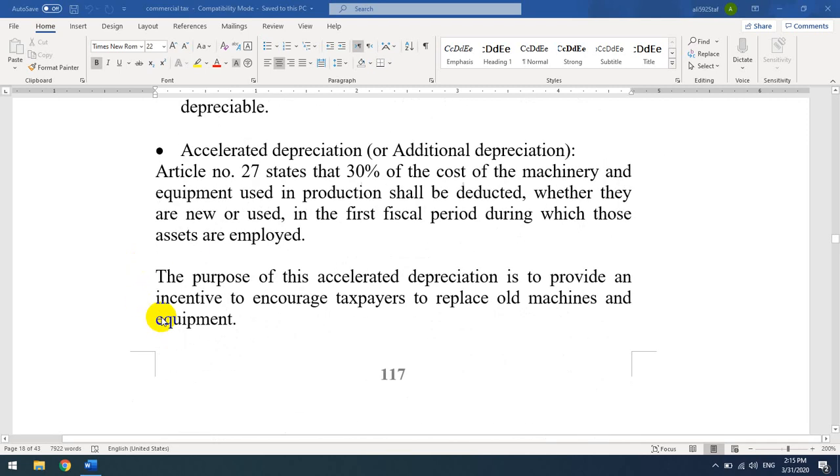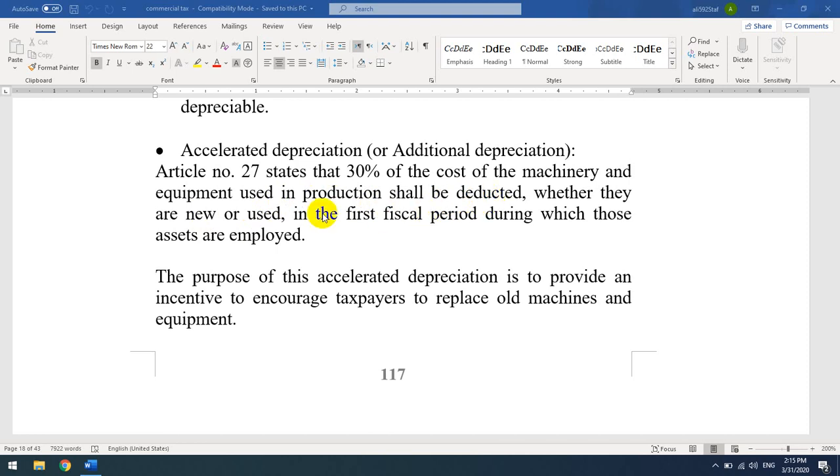According to the article number 27, 30% of the cost of the machinery and equipment used in production shall be deducted.